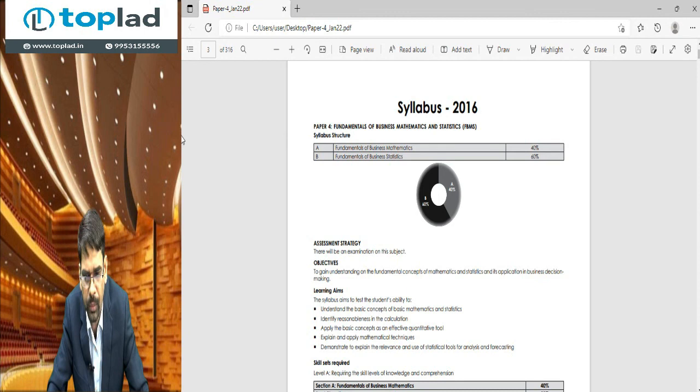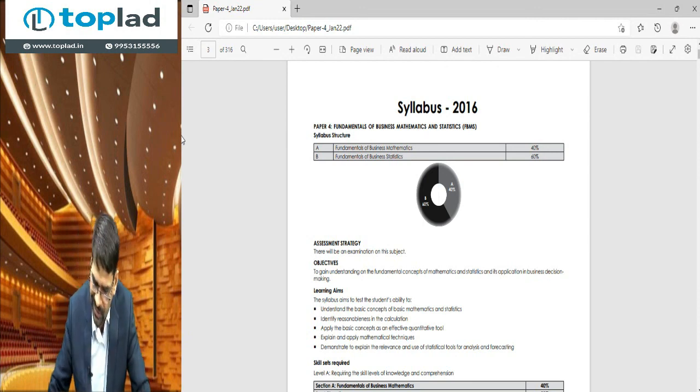This is very important before starting my session. So let's start with the structure of Fundamental of Business Mathematics and Statistics.